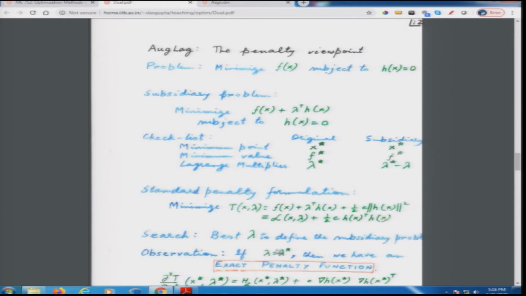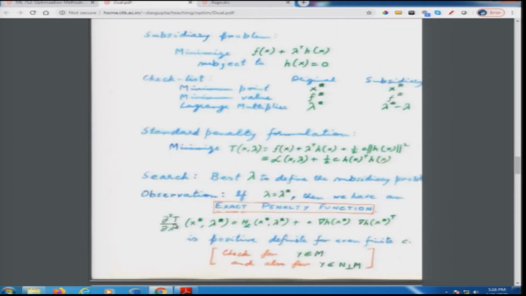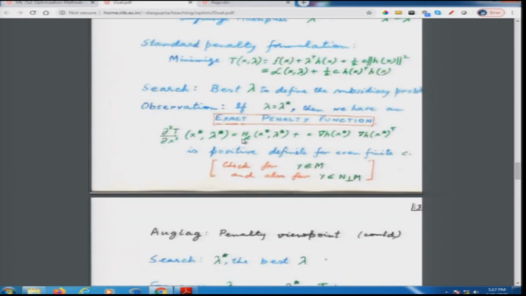So, if lambda equals lambda star, we get the Lagrangian convex even without making C indefinitely large, but only sufficiently large. That is the Hessian of this T. We claim that this Hessian of T is positive definite for even finite C in all directions. That is, even though the original Lagrangian did not satisfy the convexity requirement, this function does.